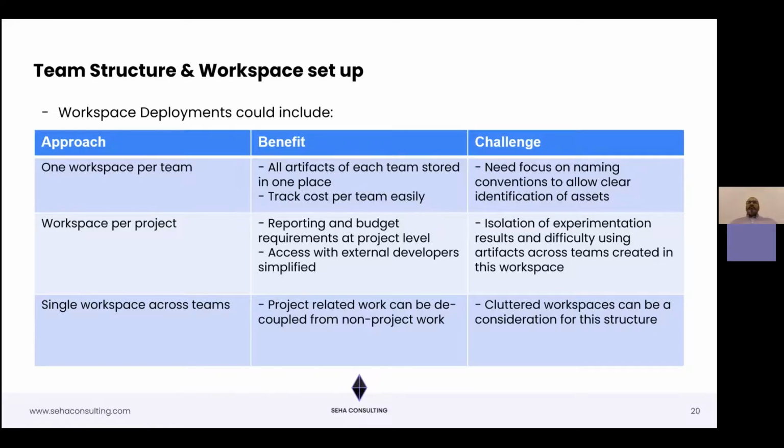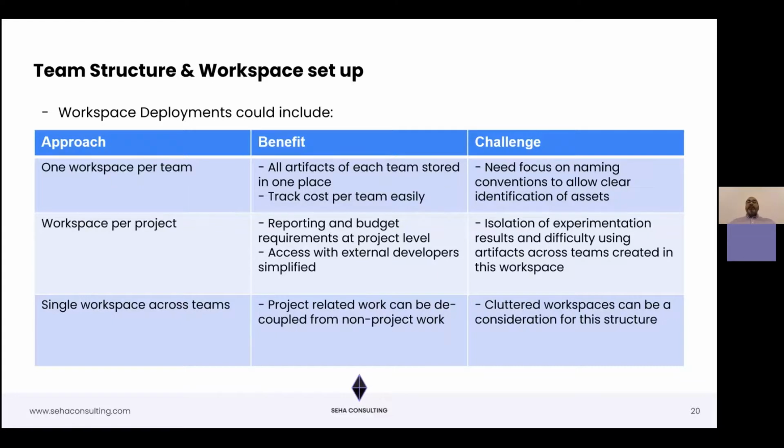So if we go to the next one, workspace per project. A lot of times projects are funded at the project level, and if you want to be able to track the budgets across that project, a good way is to set up a workspace per project.